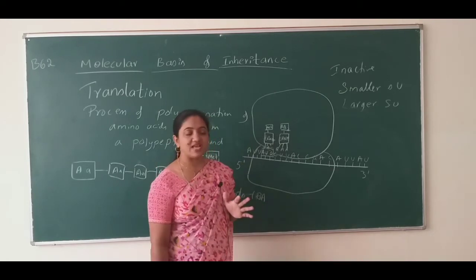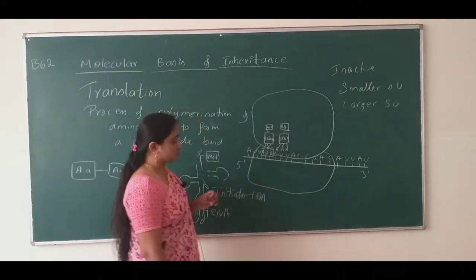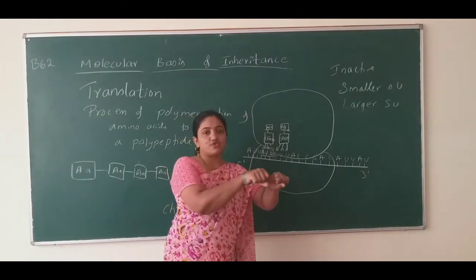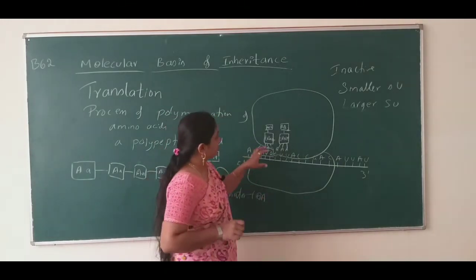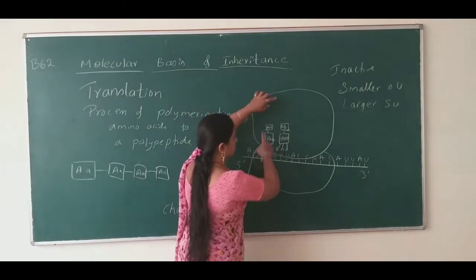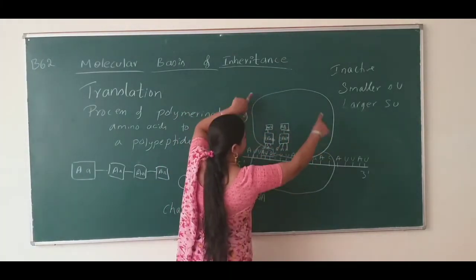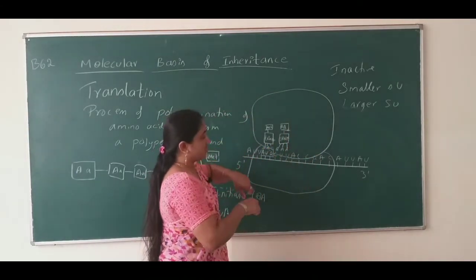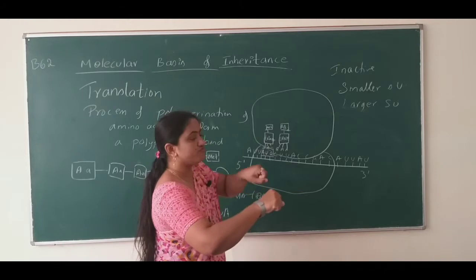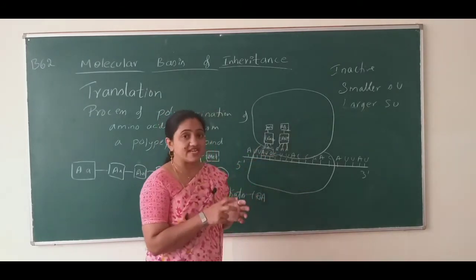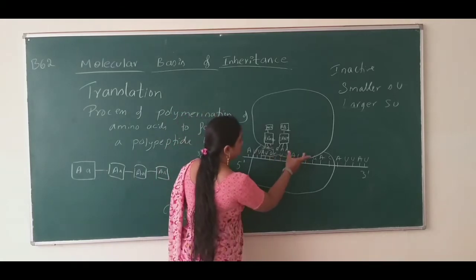Now what will happen? As I told you yesterday, the ribosome slightly moves, right? So when it starts to move, the whole thing, the larger subunit and smaller subunit, will slightly move forward, codon by codon.